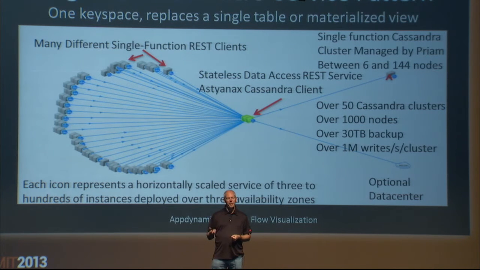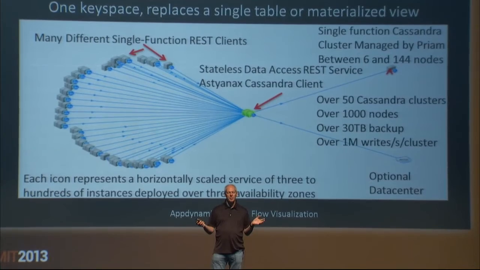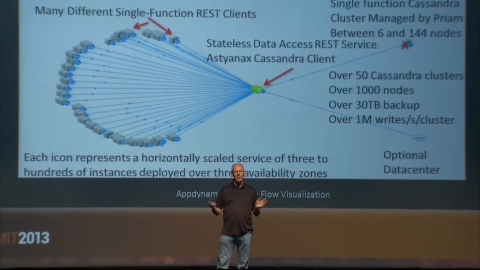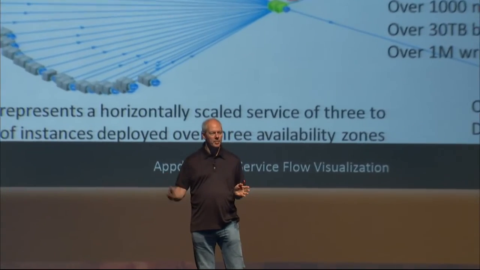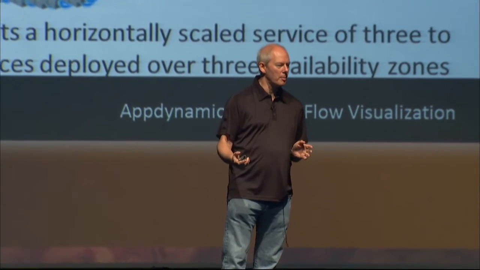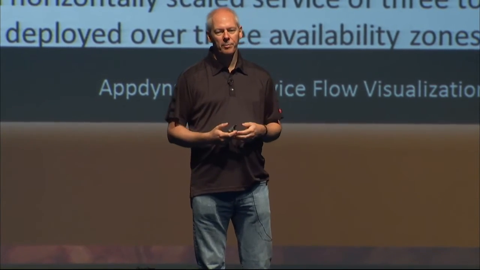So we have over 50 Cassandra clusters, over 50 different data stores. This is denormalized to the point where every table or every materialized view or whatever you'd normally have in a regular relational database is in a separate cluster managed by a separate team with its own update rate, its own capacity problems, its own whatever we're doing, right?